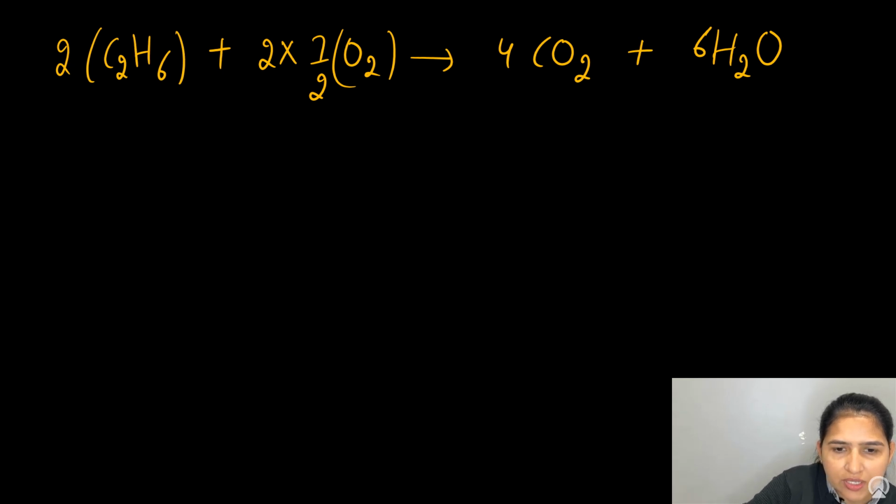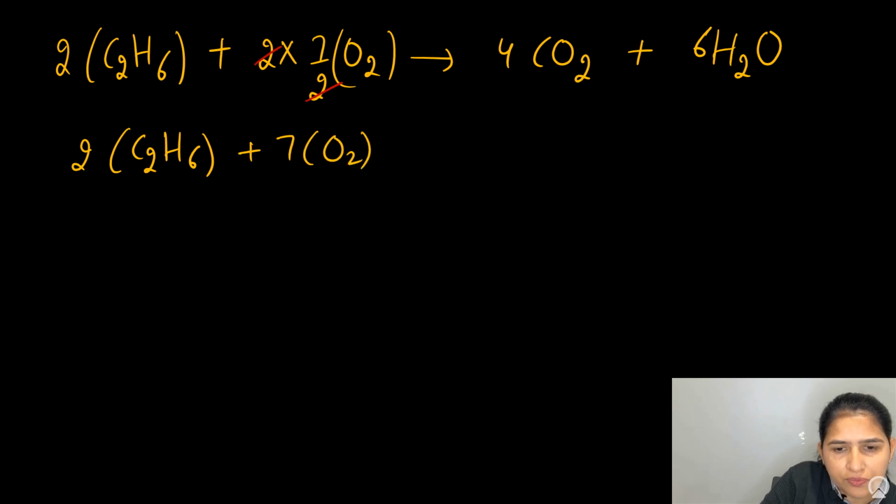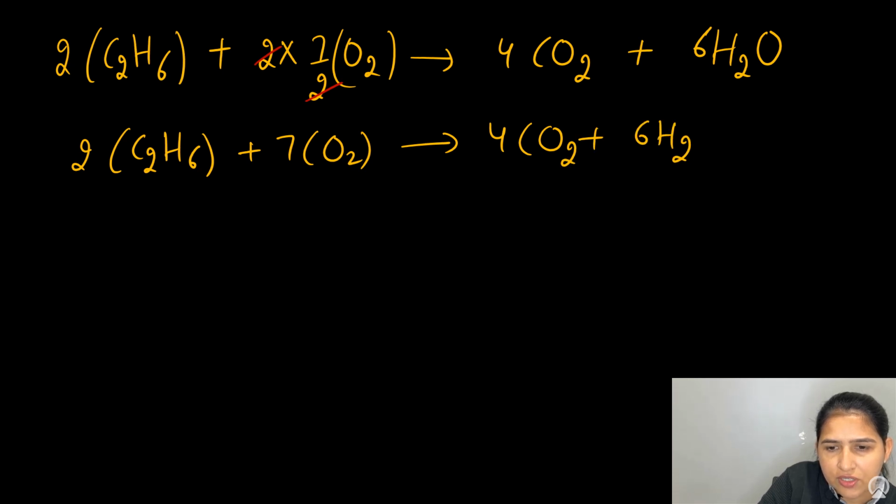Now you can see this 2 gets cancelled out with this, so I am left with 2 C2H6 and 7 O2, which gives me 4 CO2 and 6 H2O.